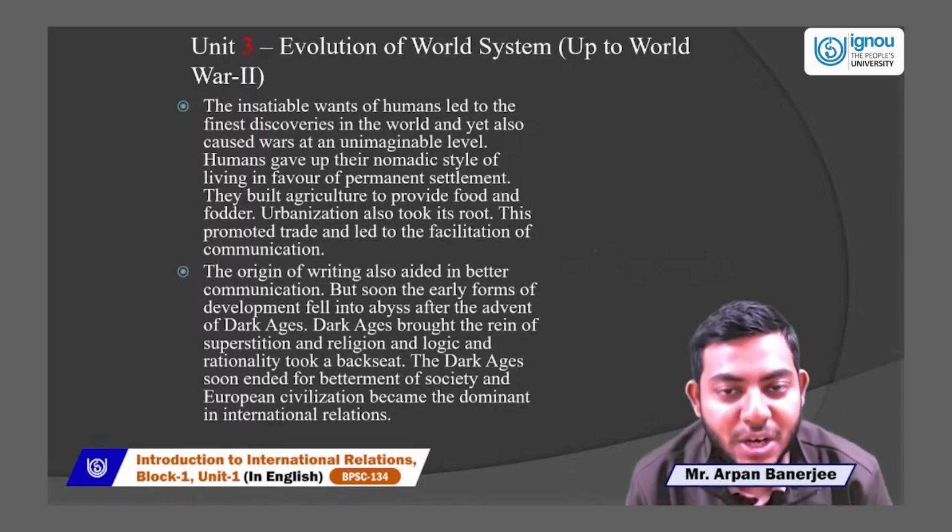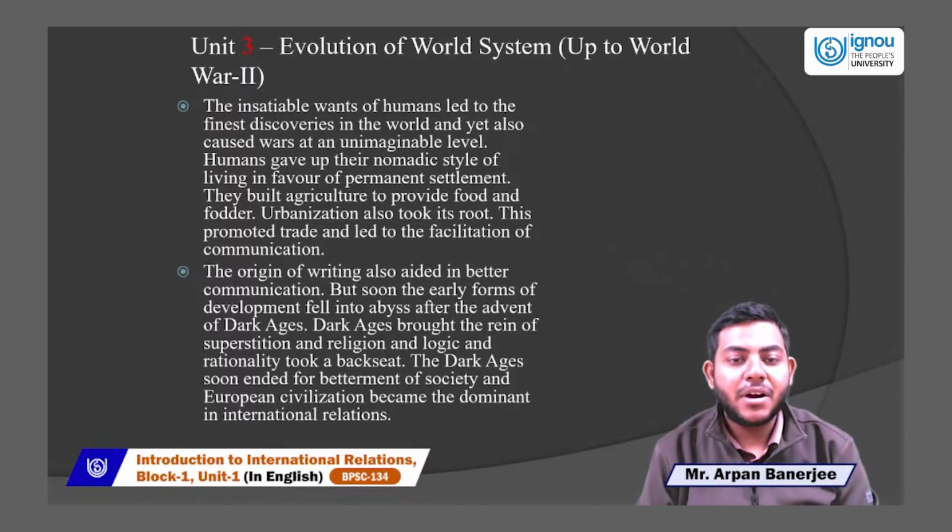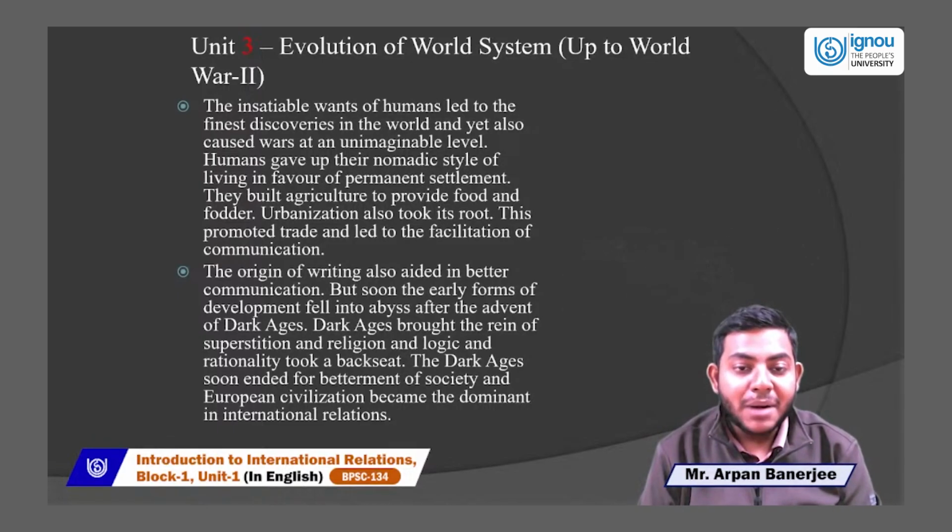Humans gave up their nomadic style of living in favor of permanent settlement. They built agriculture to provide food and fodder. Urbanization also took its root. This promoted trade and led to the facilitation of communication. The origin of writing also aided in the communication.